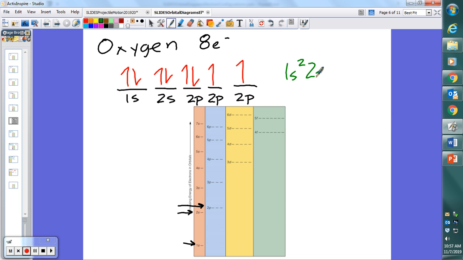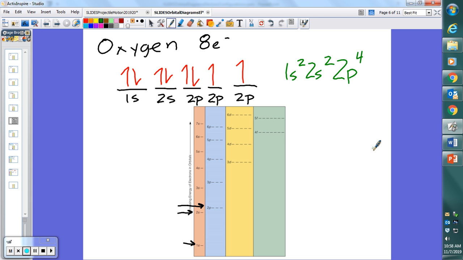1s2, 2s2, but then we just grouped the 2p orbitals together. How many electrons total are there within all of the 2p orbitals? There are 4. So the electron configuration for oxygen is 1s2, 2s2, 2p4.